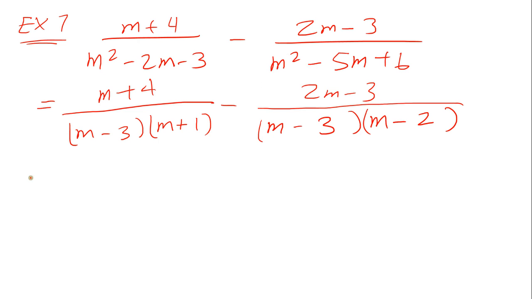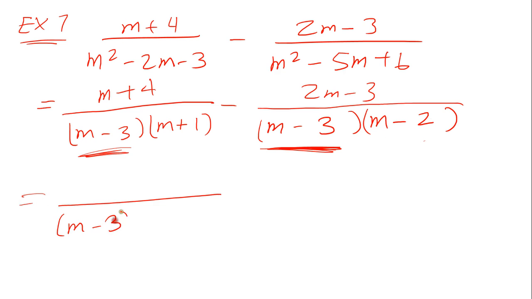Alright, so now they already have negative 3 in common, so I basically need m minus 2 in this one, and m plus 1 in this one. So I'm going to do that, so then they'll have the same denominator. So basically I have m minus 3, m plus 1, and m minus 2.